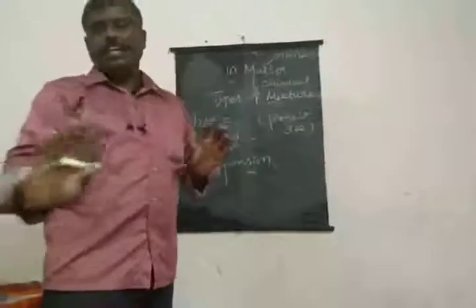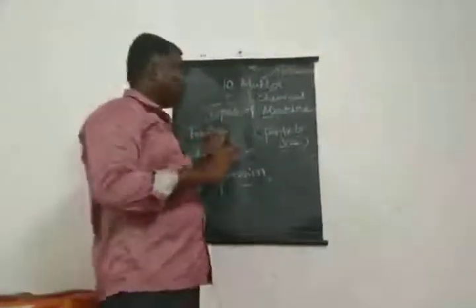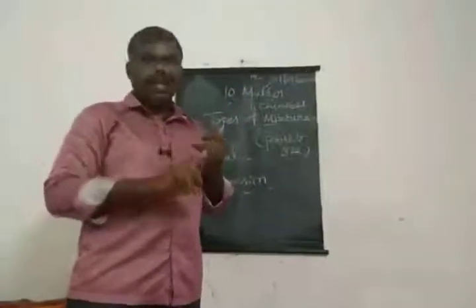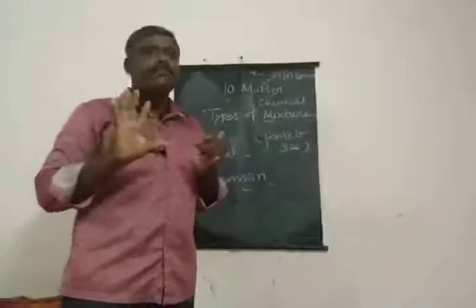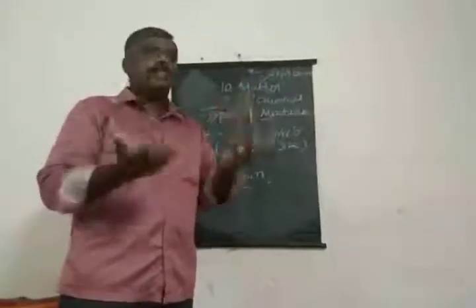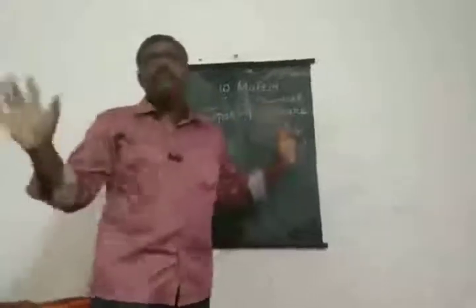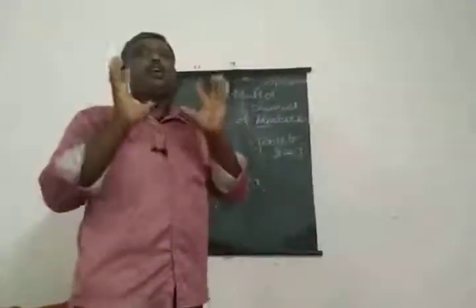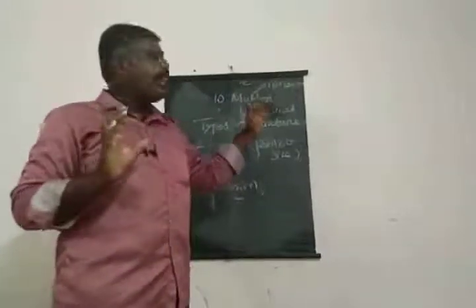Okay, so today we have started the new lesson, Matter Around Us. In that lesson, what is meant by matter? Matter is nothing but something that has mass and occupies space. If you take any object, matter means object, things, material, or whatever it may be, it has mass and occupies space. That is called matter.